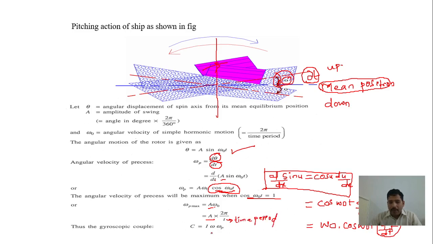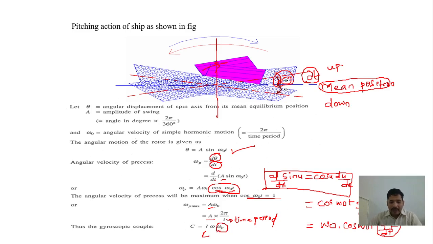The gyroscopic couple formula is C equal to I into omega into omega p. I indicates the mass moment of inertia, omega indicates the angular velocity of the rotor, and omega p is the angular velocity of the precession.